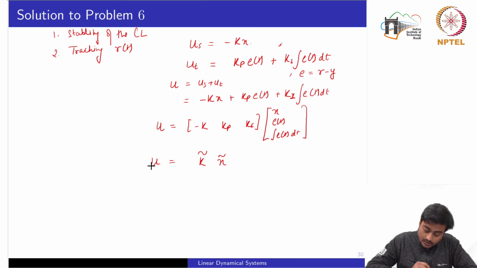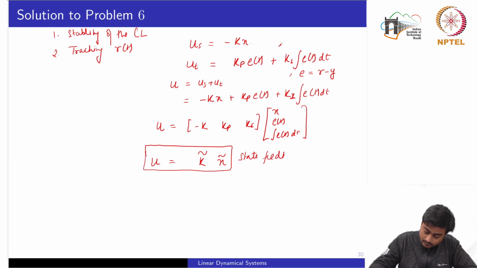Okay, so my overall controller is now given where my output of the controller remains the same as u, which is equivalent to k tilde times x tilde, and it is nothing but the state feedback. So here we would see that by using the principle of designing a controller using state feedback, I can in fact design a PI controller which is multivariable in nature.